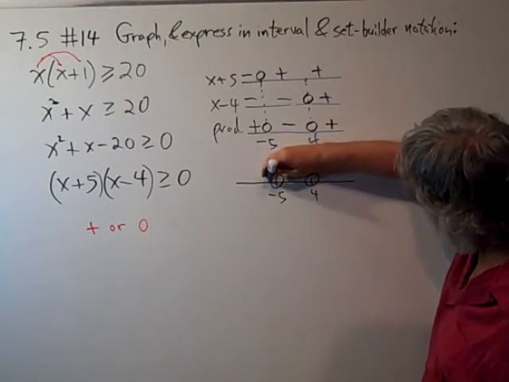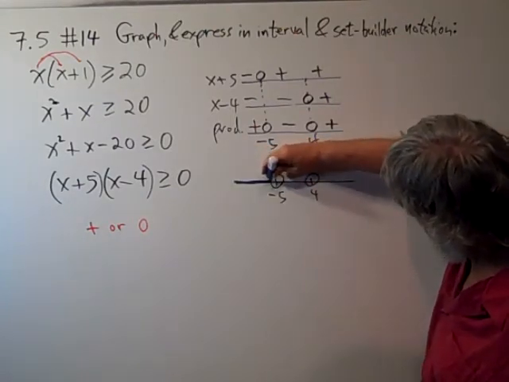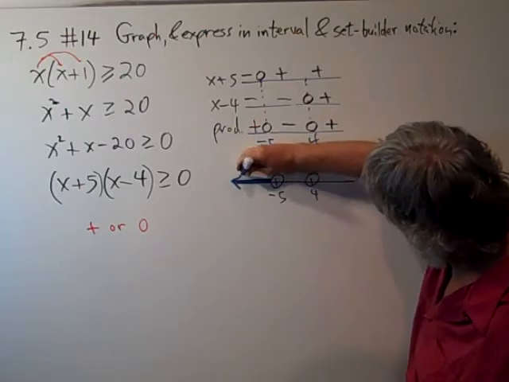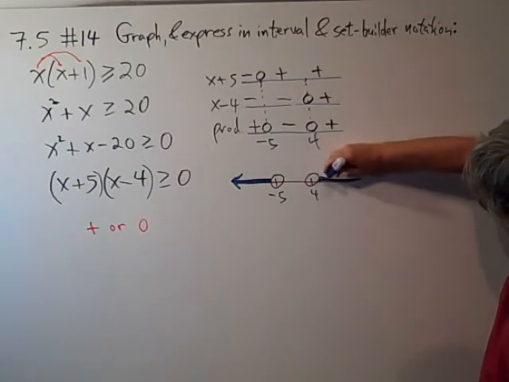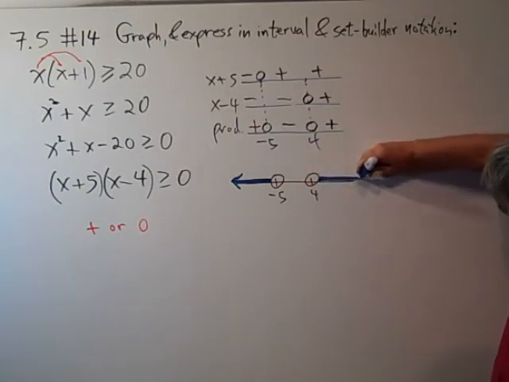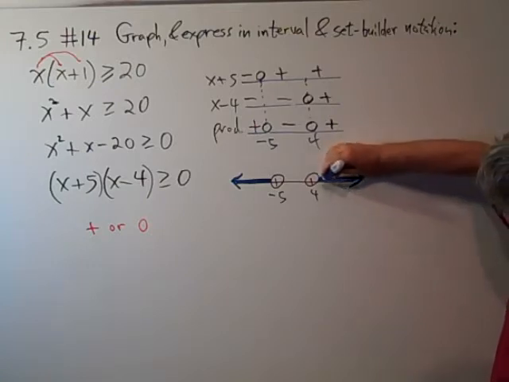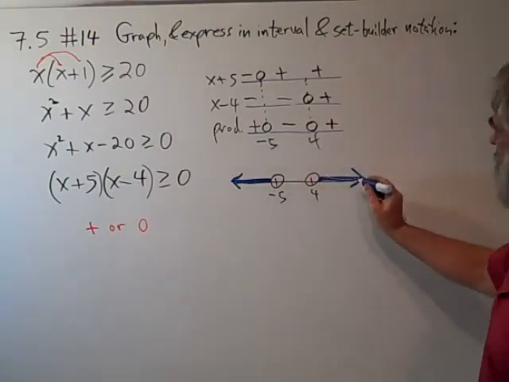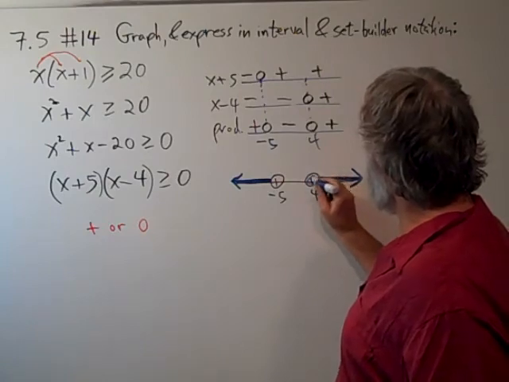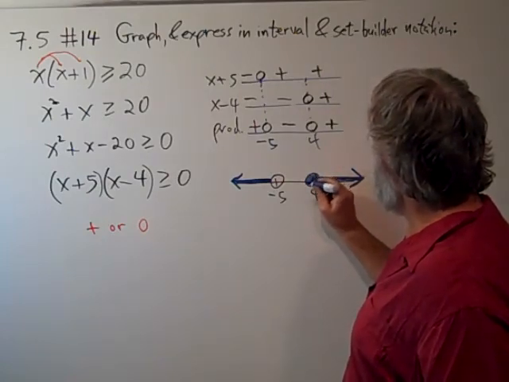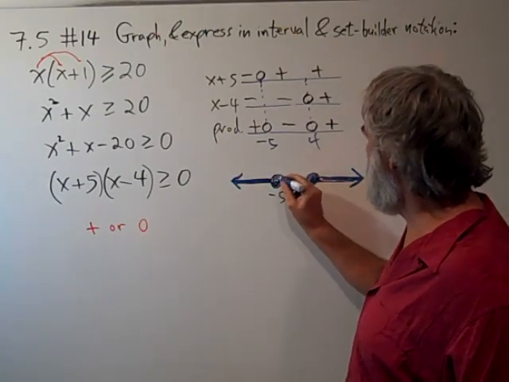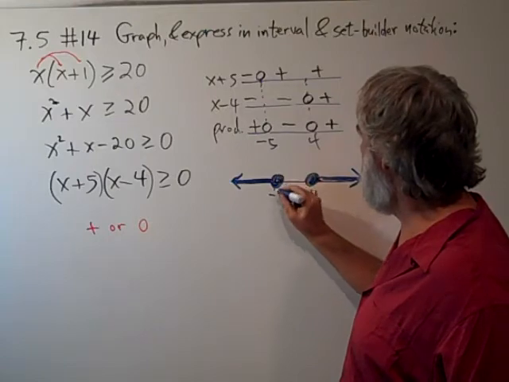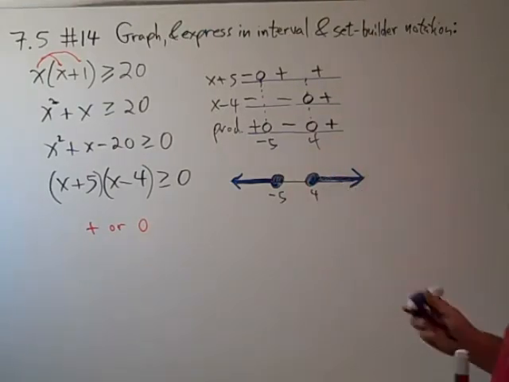So the solution set is everything to the left here, everything to the right, and we're also including everything at the points 4 and negative 5 because that's equal to 0 at those points. So that's the graph of the solution set.